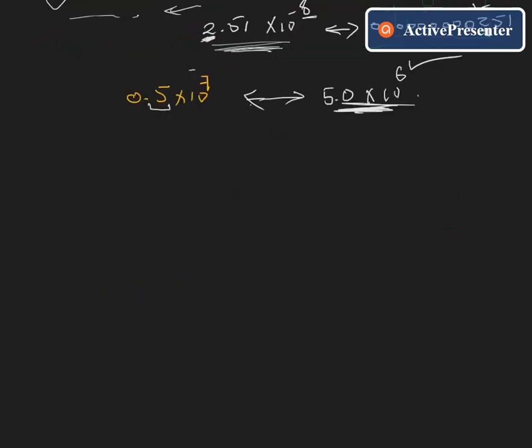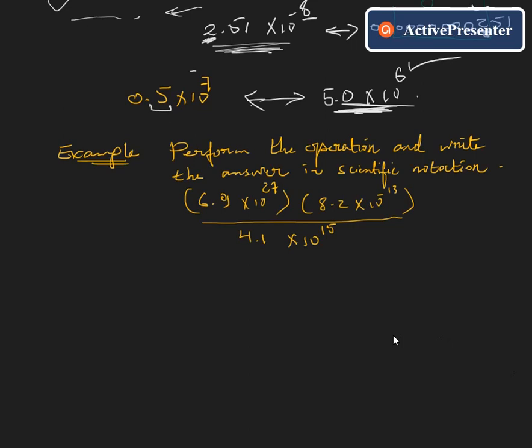The example says perform the operation and write the answer in scientific notation. So we have to perform the operation. Now we can say this is 6.9 and this is 8.1.